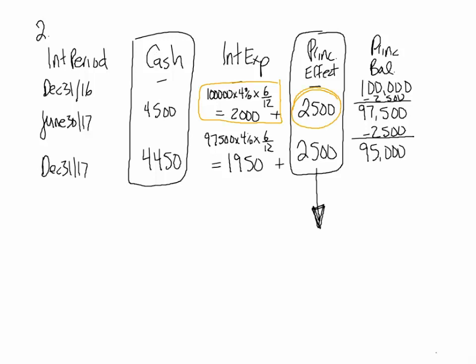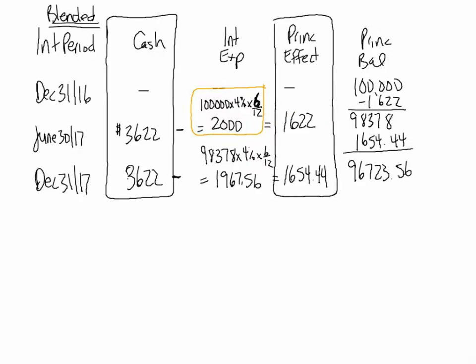So this amount in December 31st, 2017 is a different amount than the amount we have here at December 31st, 2017. Why? Because the principal effect is different. And that's why. So the interest expense changes between the two methods because the amount of the principal is declining at a different rate.